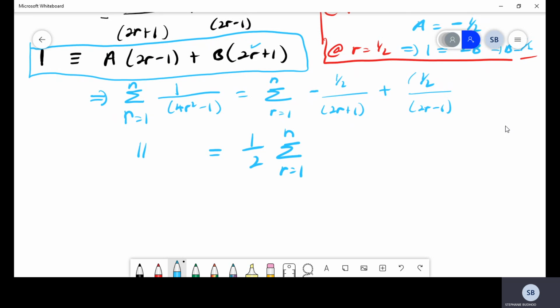If we pulled out the half from here and here, we are left with 1 over 2r minus 1, subtract 1 over this side, 2r plus 1.